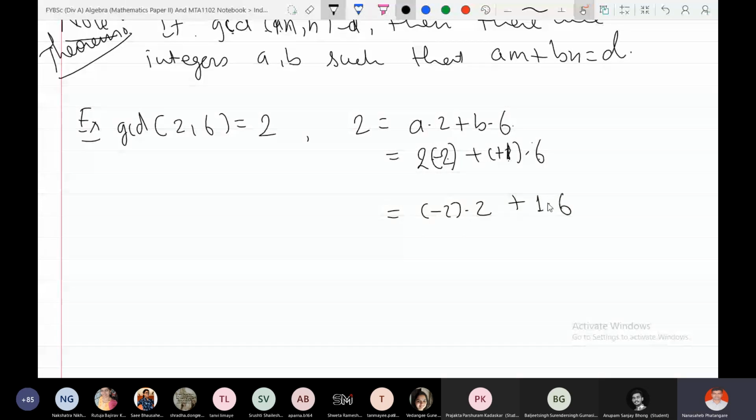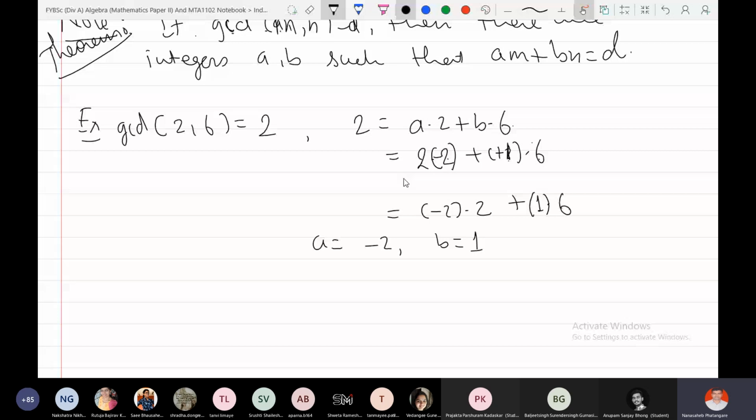And what is a in this case? a is minus 2 and b is 1. So I can express the GCD as a combination of these two given numbers.